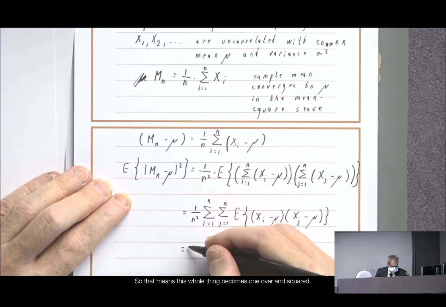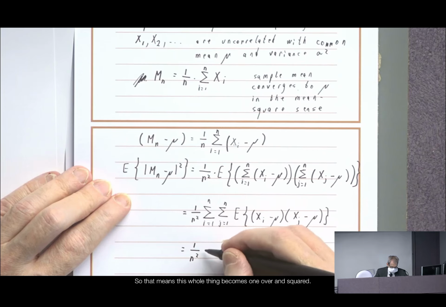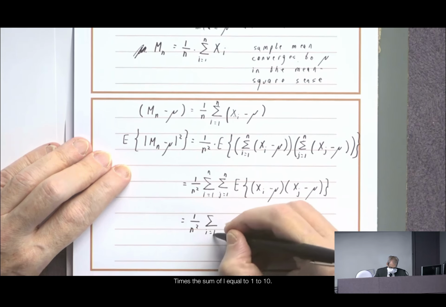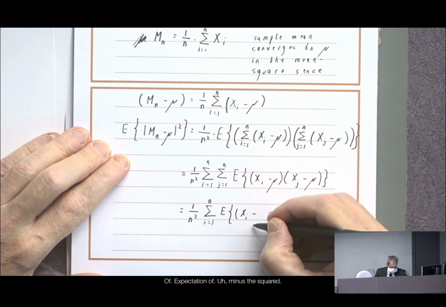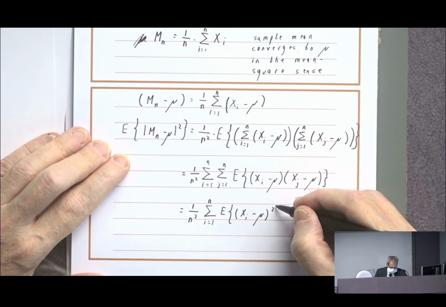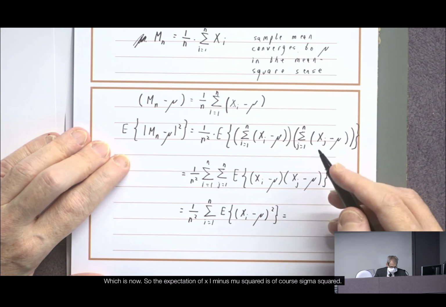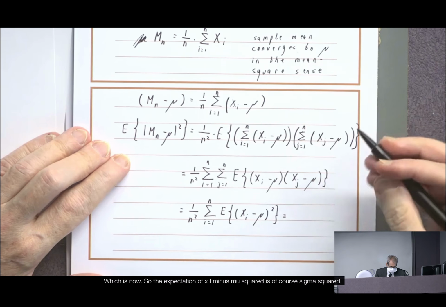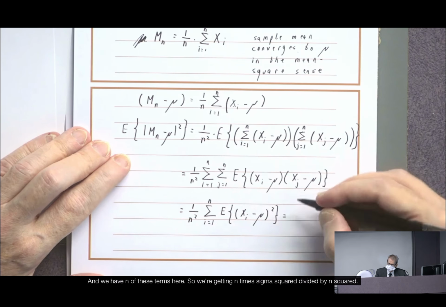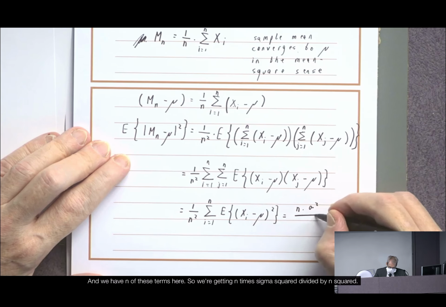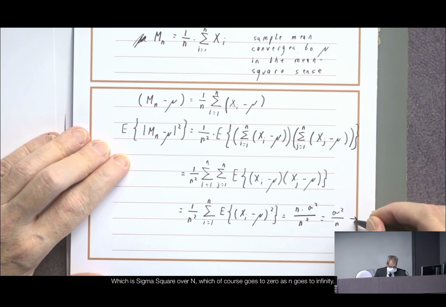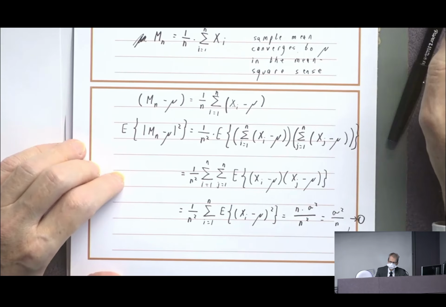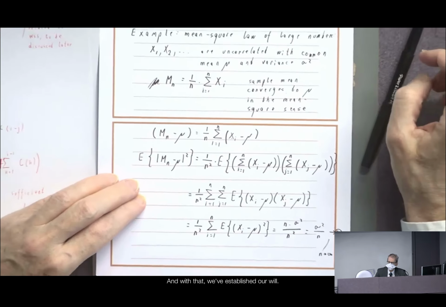So that means this whole thing becomes 1 over n squared times the sum of i equal to 1 to n of the expectation of xi minus mu squared. The expectation of xi minus mu squared is of course sigma squared, and we have n of these terms, so we're getting n times sigma squared divided by n squared, which is sigma squared over n, which of course goes to 0 as n goes to infinity. And with that, we've established our rule.